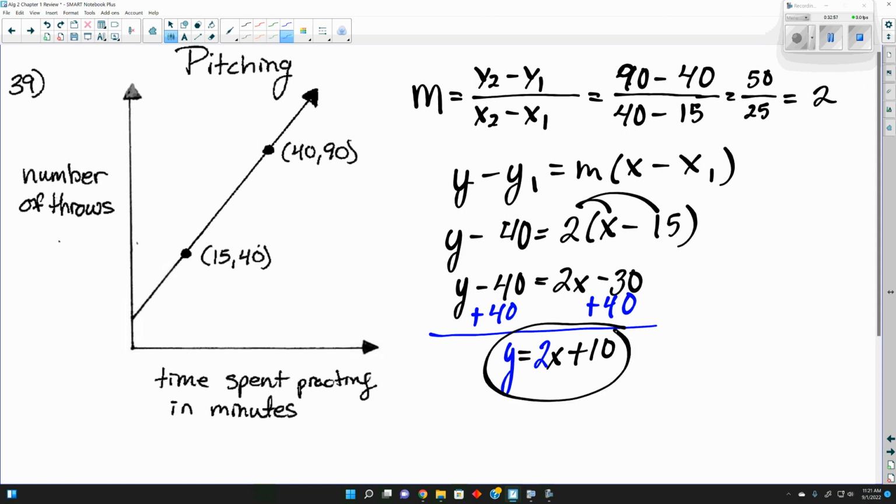So the equation of this line is y equals 2x plus 10. Any other questions on this here?